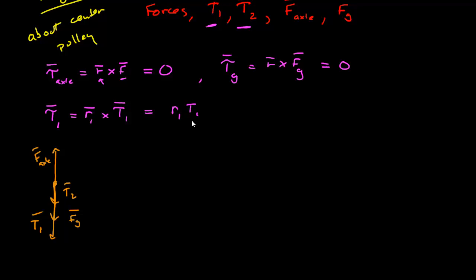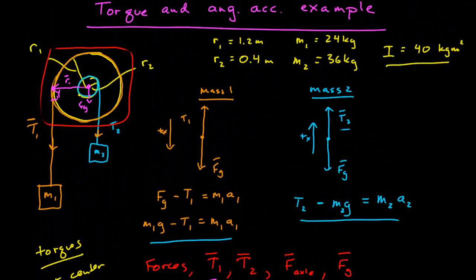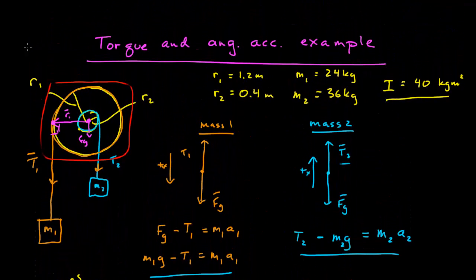So this is equal to the radius R1 times the tension T1. And now we need a direction, so we need a coordinate system for this. If I set up a coordinate system, say, where here's plus x and here's plus y, I do a right-hand rule where my index finger goes along R1, my middle finger then goes along tension 1, which is down, and my thumb is pointing out of the screen.